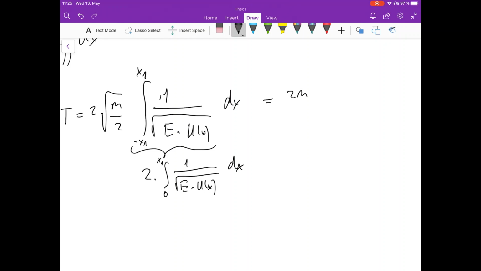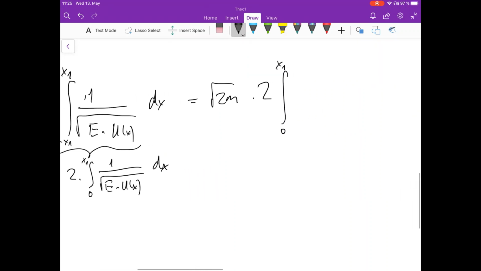Actually, let me write it down as the square root of 2m times 2 and the integral from 0 to x1 of 1 divided by the square root of e minus u of x times dx.